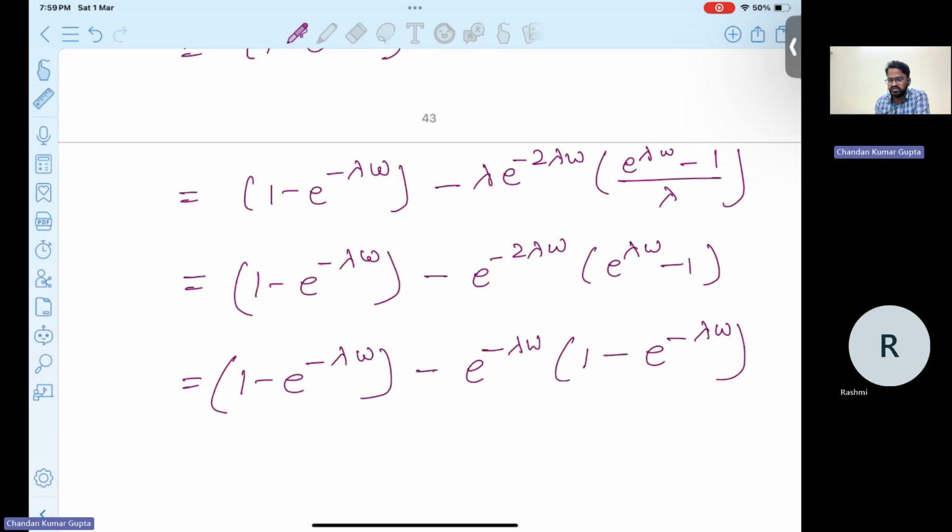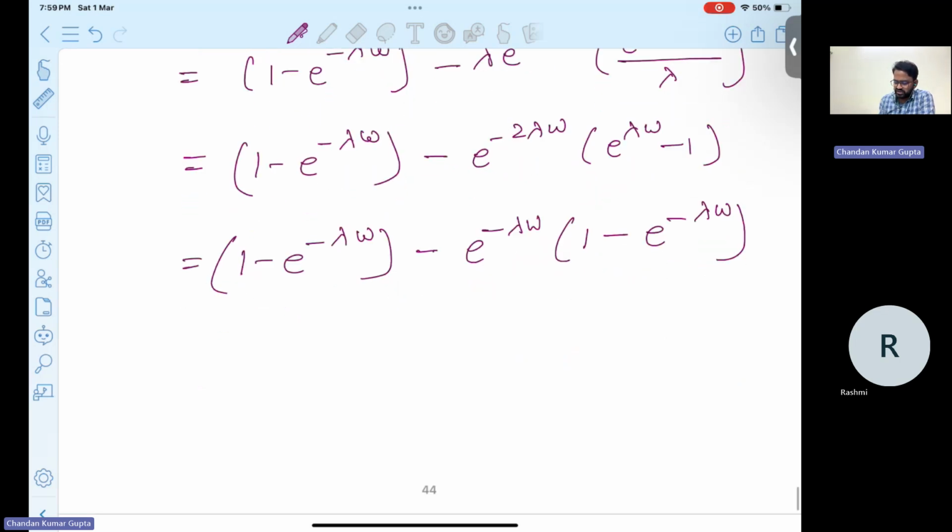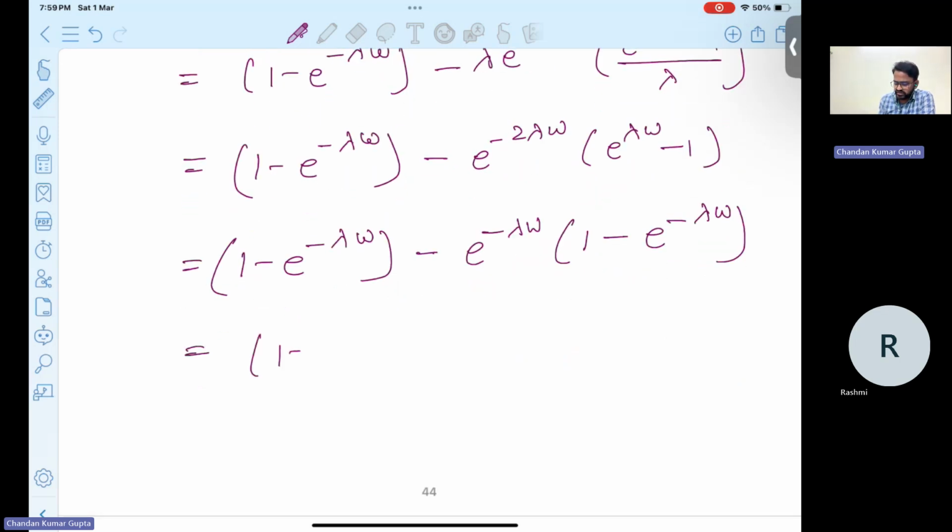How it comes? e to the power minus 2 lambda w can be written as e to the power minus lambda w into e to the power minus lambda w. One e to the power minus lambda w is multiplied in the parenthesis. Then this is converted into this form. Now we have taken 1 minus e to the power minus lambda w as common. Then it's 1 minus e to the power minus lambda w.